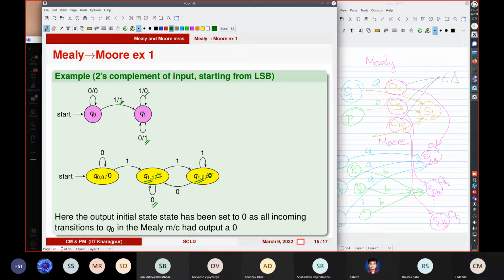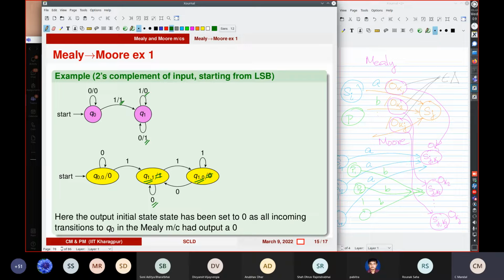So this one should be 1. Let us see. Here in Q1, I have a transition from Q0 to Q1 on input 1 giving the output 1. So when I get a 1 from Q0 and come to Q1, I would like to have an output of 1, right?